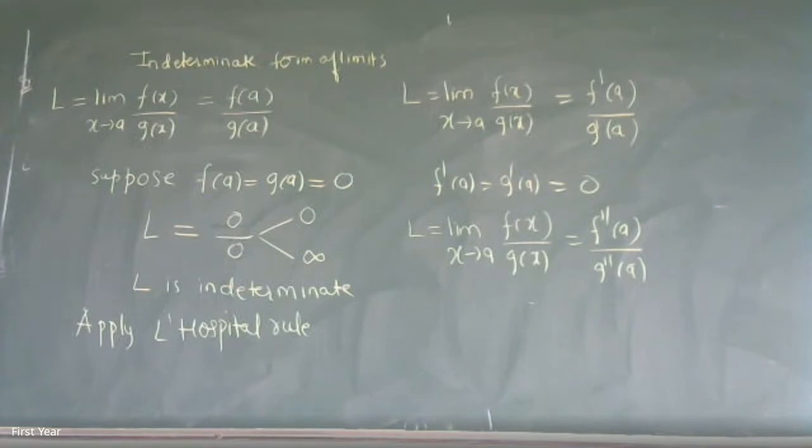To find the value of L, we use L'Hospital rule, which says L is equal to f dash of a upon g dash of a.